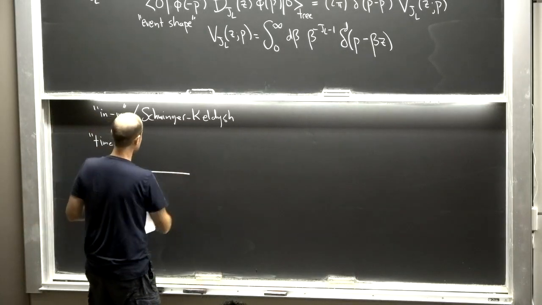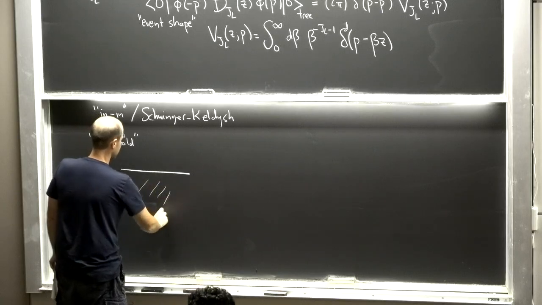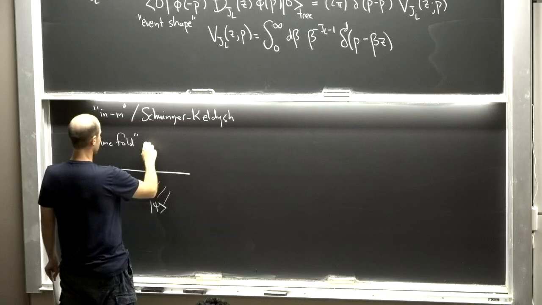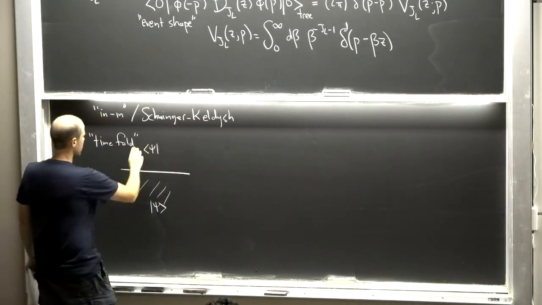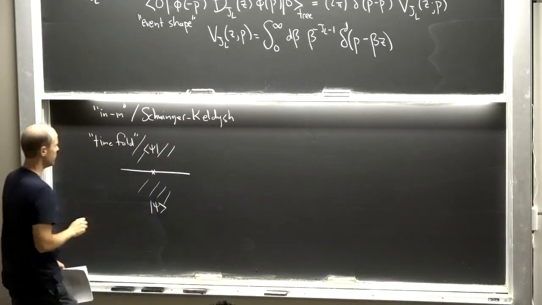So here's the time fold, and the idea is that the region below the time fold represents the ket. The region above the time fold represents the bra. And the detector lives on the time fold at future null infinity.